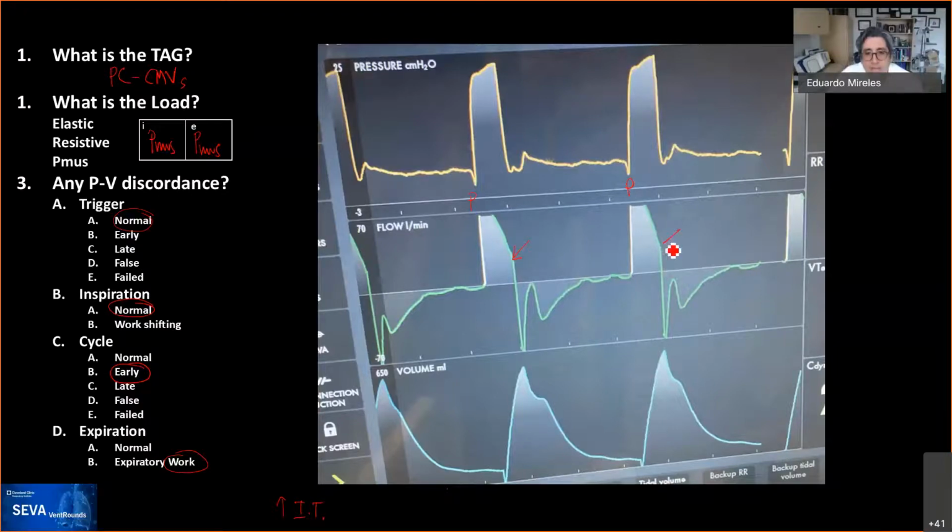It would mean that there has to be something here. So what makes the breath end here? One of the options is that it's I time, right? If it's inspiratory time, as you read before, then this would be CMV, right? Because it's a mandatory end. But the other option is that this would be the percent of the peak inspiratory flow.